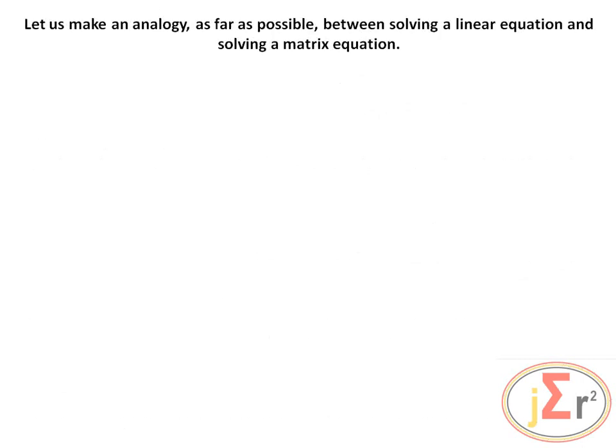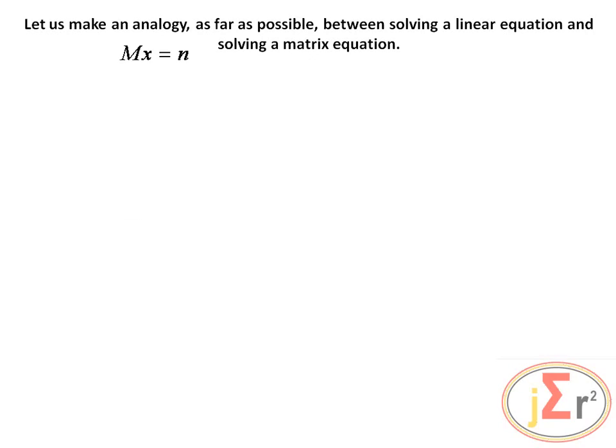Let us make an analogy as far as possible between solving a linear equation and solving a matrix equation. And I'm saying as far as possible because we all know that in analogies we have similarities that may be used to our advantage, and we have differences that we need to consider.